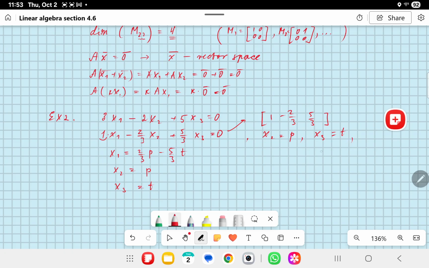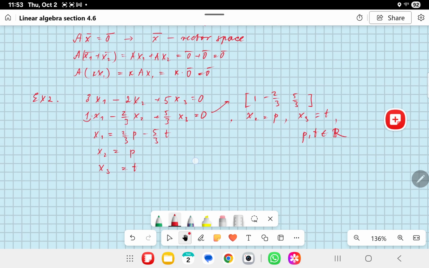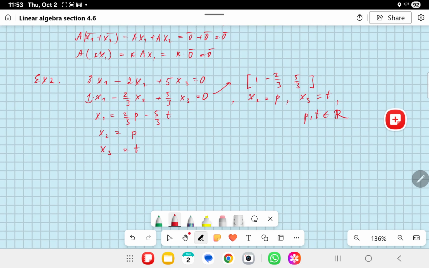P and T here are arbitrary constants, just any real numbers. Now I'm going to write it down as a vector: x1, x2, x3 equals P times, the coefficient of P for x1 is 2 over 3, for x2 is 1, and for x3 there is no P here, that's 0. Plus t times, for the first one it's minus 5 over 3, for the second one it's 0, and for the last one it's 1.